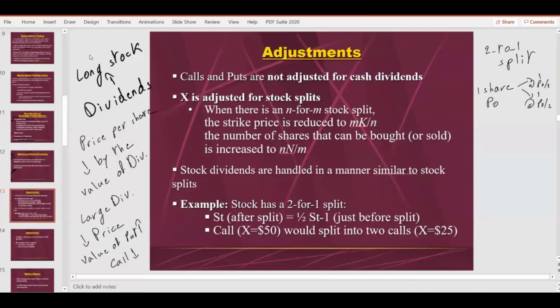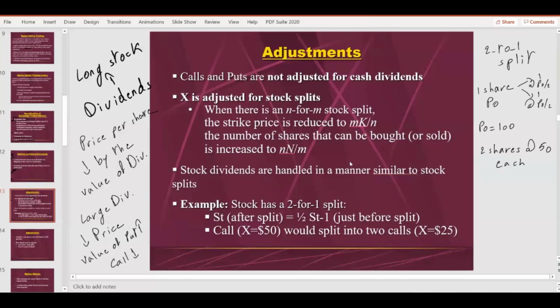So if you had one share worth $100, you will now have 2 shares at $50 each.